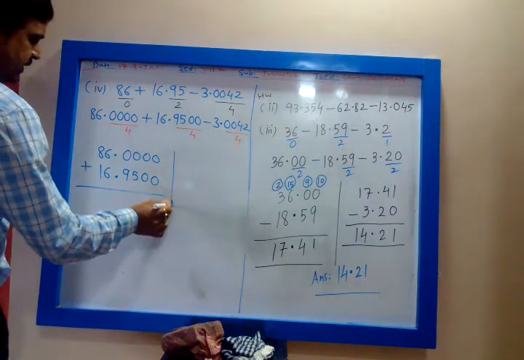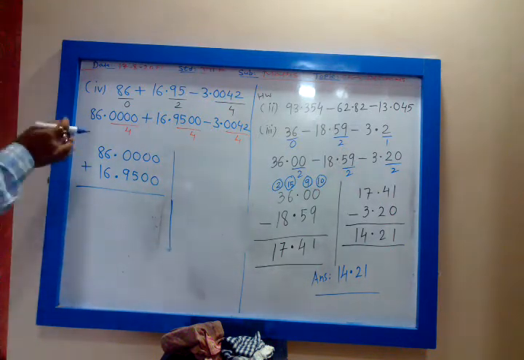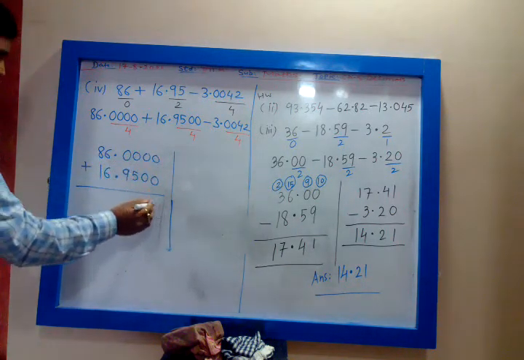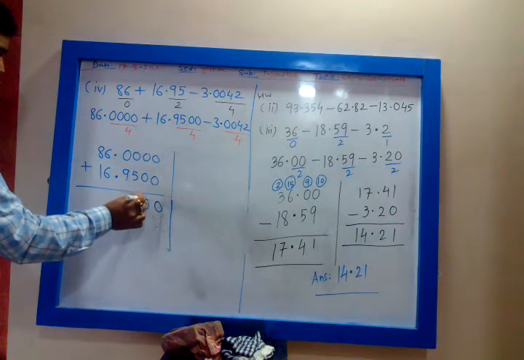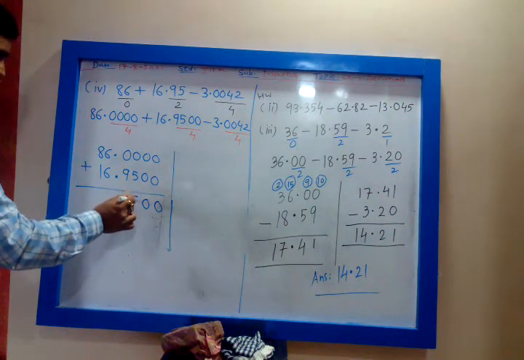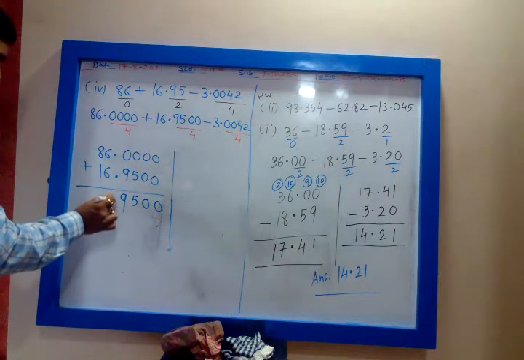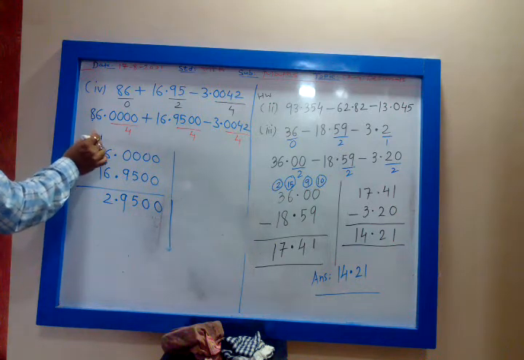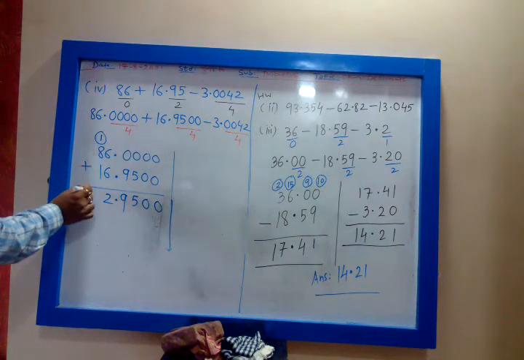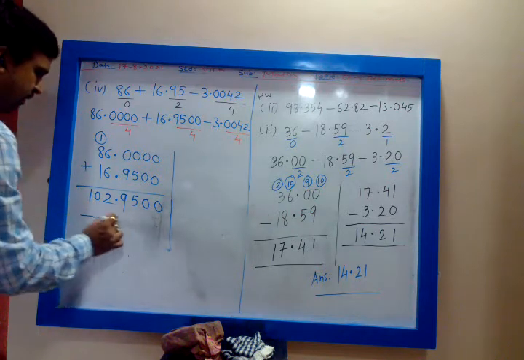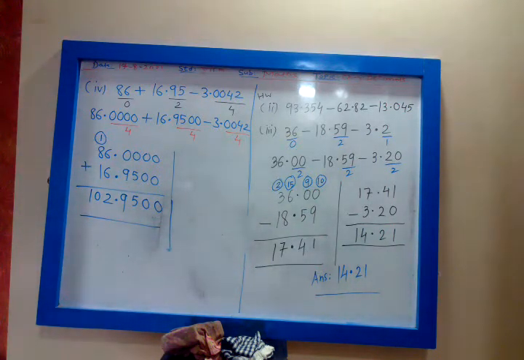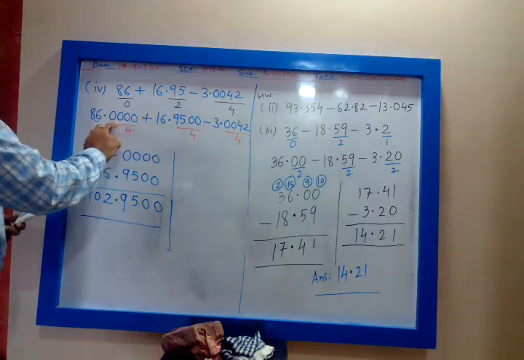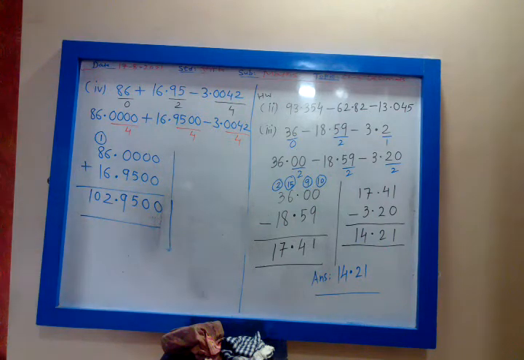So let us add. 0 plus 0, 0. 0 plus 0, 0. 0 plus 5, 5. 0 plus 9, 9. Then 6 plus 6 is 12. 1 is carried. 1 plus 8, 9. 9 plus 1, 10. So when we add this we get 102.9500.